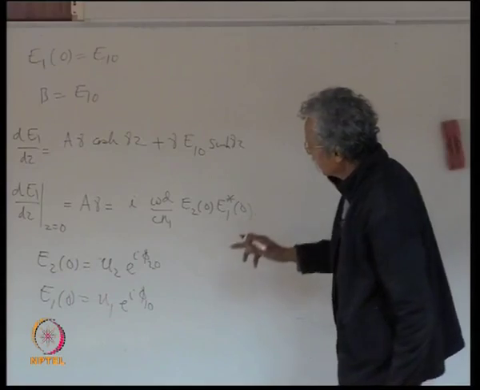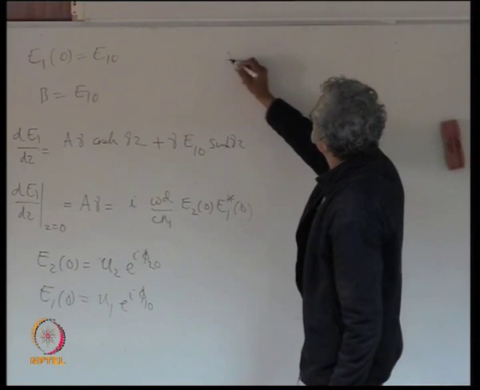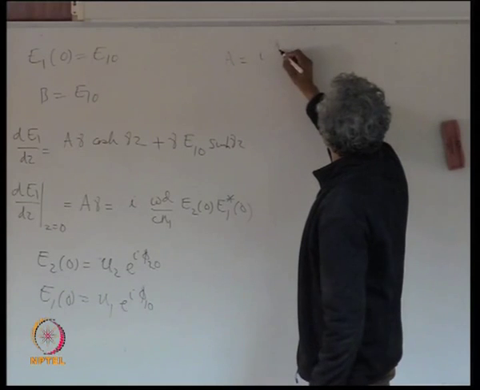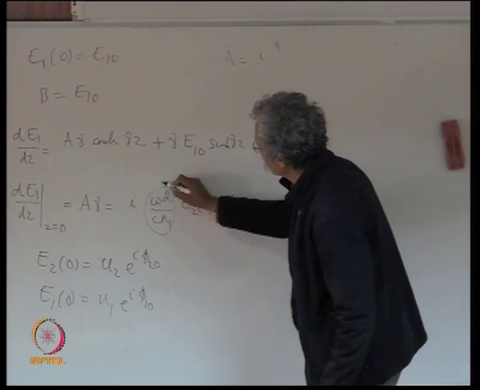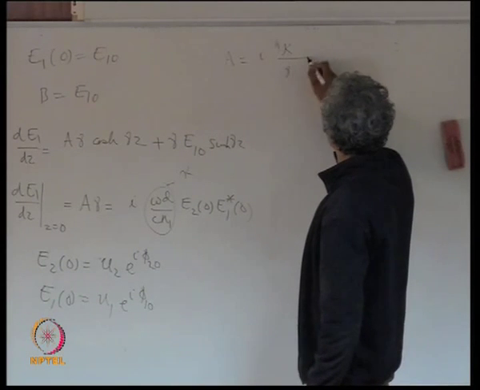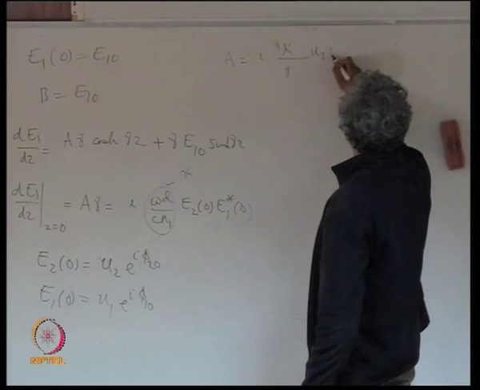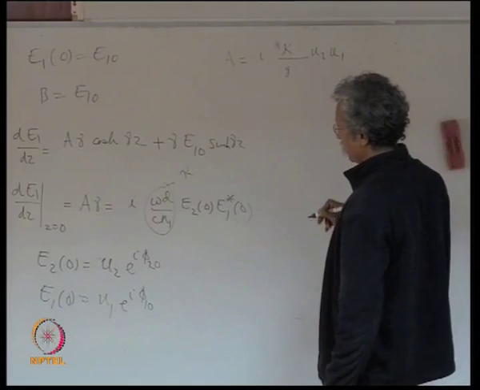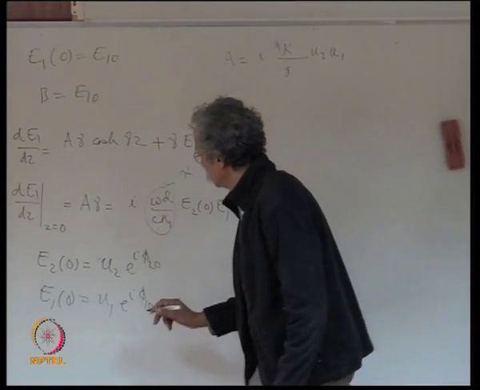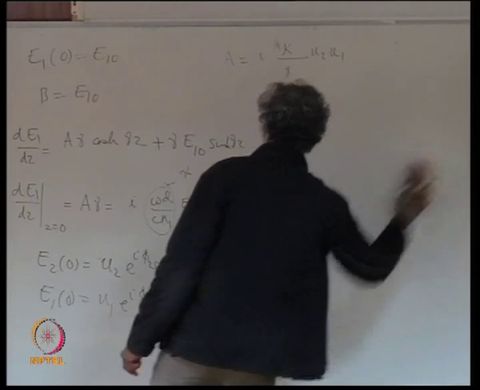Okay, so I get an expression for A. A is equal to i omega d by c n1. Remember, I had called this kappa. So kappa by gamma U2, E1 0. I am mixing up too many symbols.